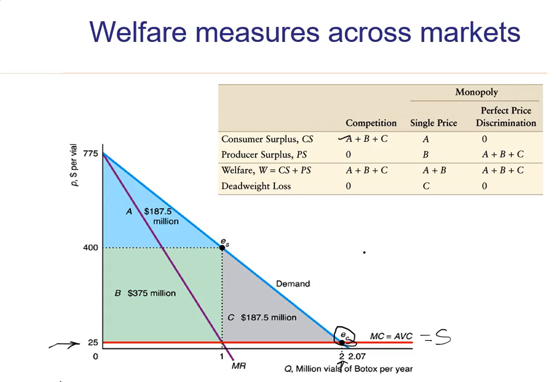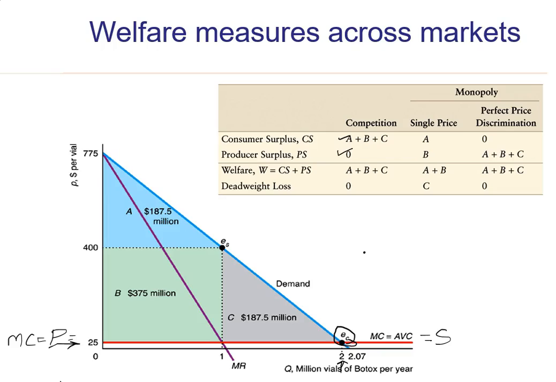Okay. All right. How about the producer surplus? Well, the producer surplus, recall, is the difference between MC and the price. Well, the MC is equal to 25. And that's equal to the price, which is 25. So they're the same. So there is no difference. That's why the producer surplus is 0.